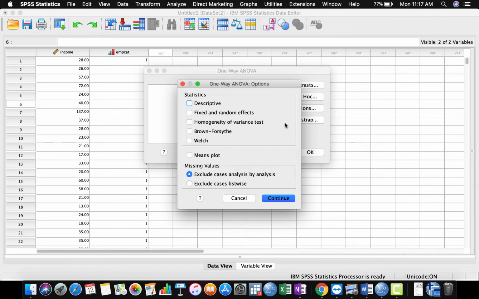The second assumption is each group must be normally distributed. The third assumption is there should be equal variance for each group. To test the equality of variance, same as the independent sample t-test, we're going to use Levene's test to test whether the variances are equal or not equal.